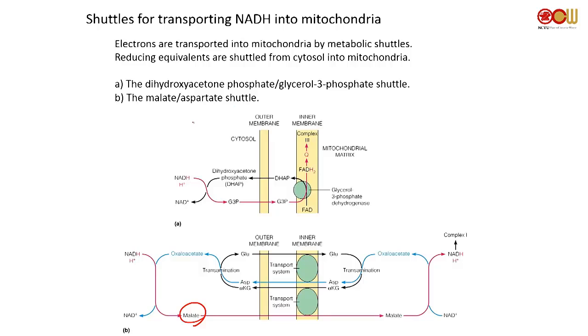Here, the first one is the glycerol 3-phosphate shunt or shuttle, where you use NADH to reduce DHAP, dihydroxyacetone phosphate, into glycerol 3-phosphate.